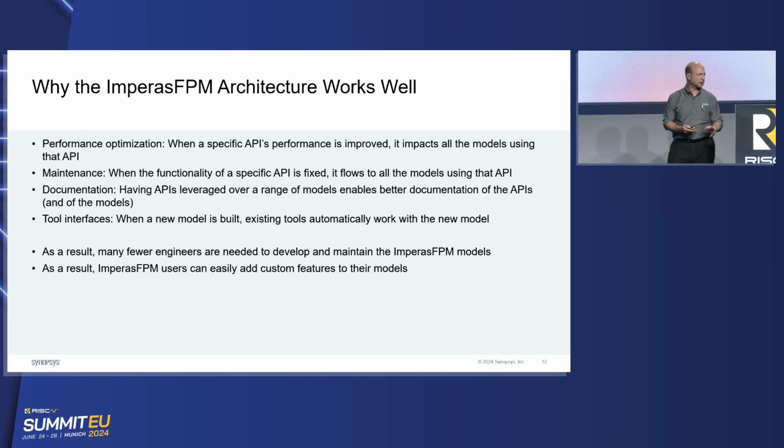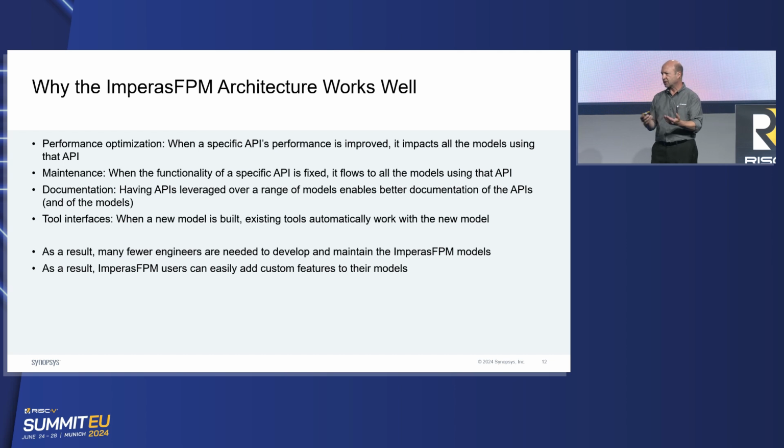So why does this architecture work so well? First thing is performance optimization. When a specific API's performance is improved, it impacts all the models using that API. So the APIs are effectively in that simulator. They're not in the model, the execution of those APIs.